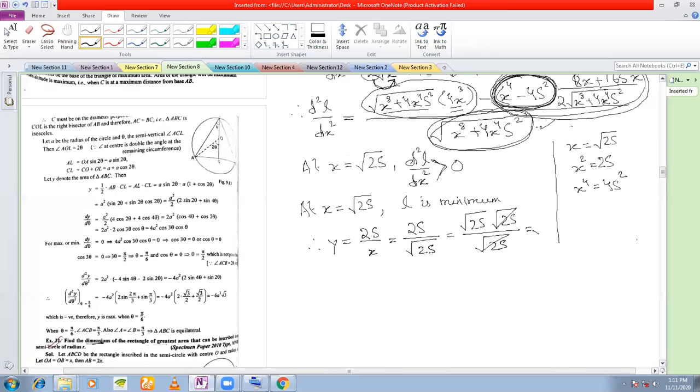So y is also equal to root 2s. Therefore, x is equal to y is equal to root 2s. Therefore, triangle ABC is isosceles, right? Because triangle ABC is isosceles when the length of hypotenuse L is minimum. Okay, so that's it.